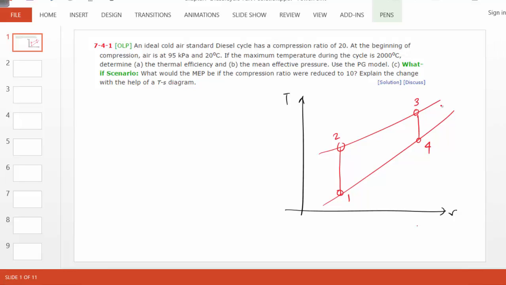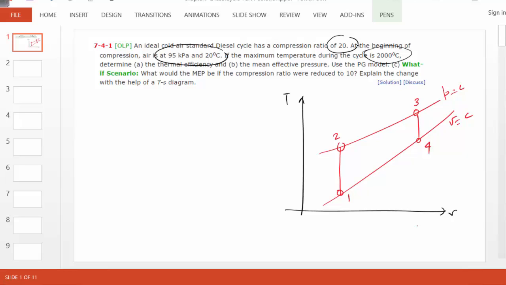Okay, let's see now what are known. As you can see, state 1 is completely given to us. The compression ratio is given, and the maximum temperature is given.